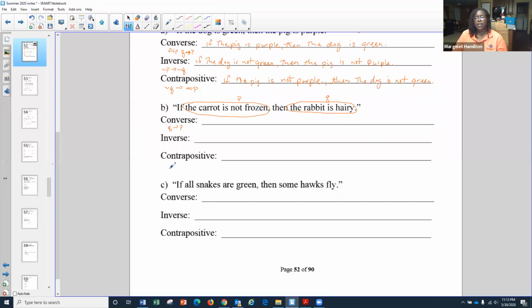I know when you wrote it, you wrote if the rabbit is hairy, then the carrot is not frozen. Okay, same thing, right? Just wanted to make sure.